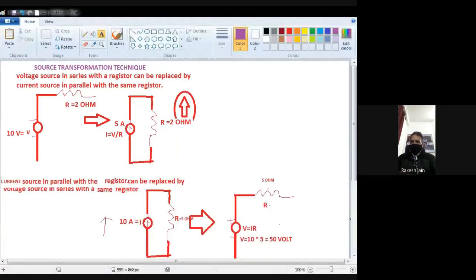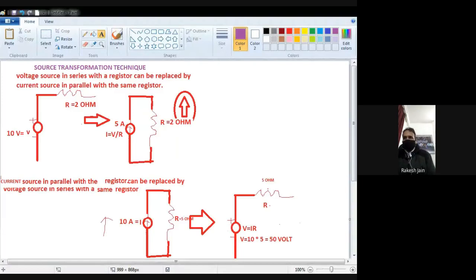Ganesh, Abhishek Kumar, Ritik Roshan, type yes in the message box if you understand. If you have any query, then tell me. Yes, sir. Type yes in the message box fast. Okay, very good.